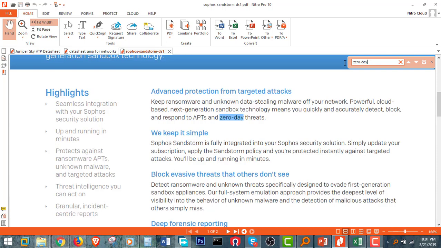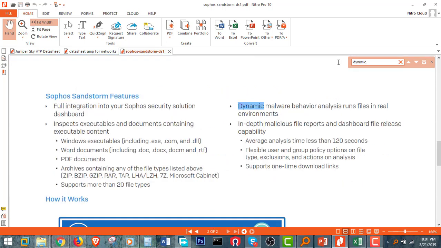You also notice that they all have dynamic malware behavior analysis, all of them. Dynamic malware behavior analysis runs files in real environments.